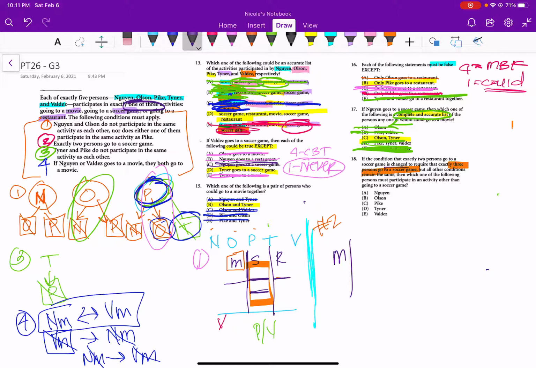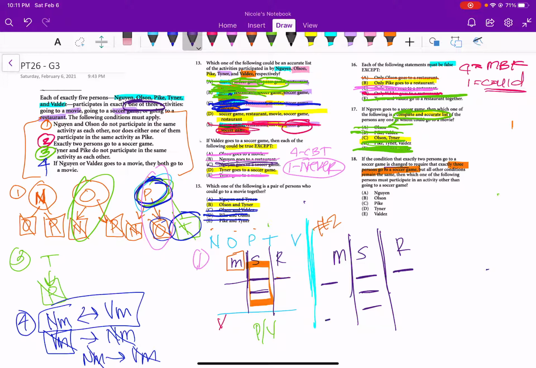3. So M, S, R, 1, 2, 3. So then that means how many have to go to a movie? Well, 1, and 1 has to go to a restaurant because that's all we have left. And we know that if N goes to a movie, V has to go to a movie.